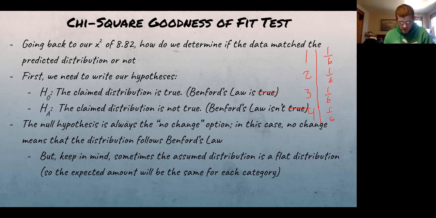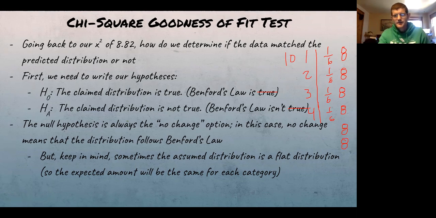So maybe we rolled 48 times, just so we have a multiple of 6. We rolled 48 times and I got 10 1s. Now I would predict 48 divided by 6, I'd predict 8. All of these would be 8. So that would be the counts that you're testing against. All right, does that make sense? Again, it's a rhetorical question here.